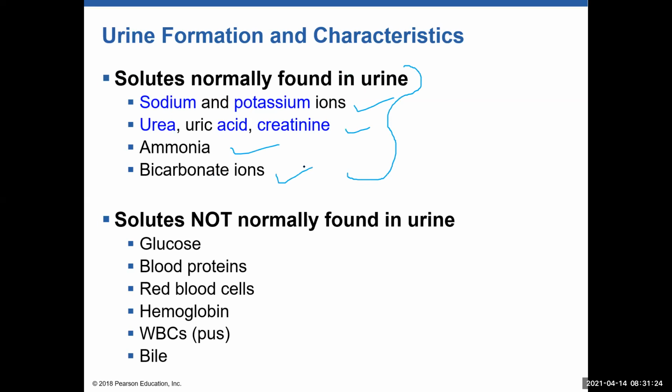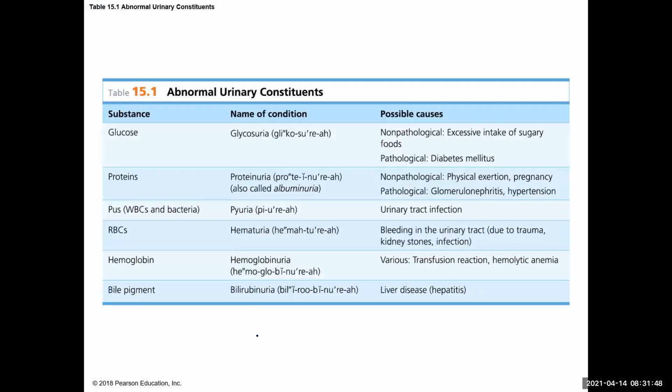The things which should never be present in the urine show that there is some problem in the kidney, because the kidney will never filter out glucose, albumins or blood proteins, RBCs, hemoglobin, WBCs, or bile. They should not go out of the body because we need them back in the body.